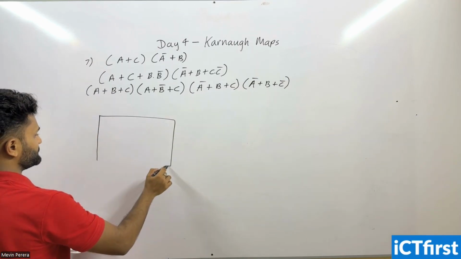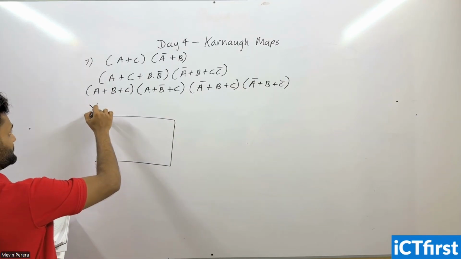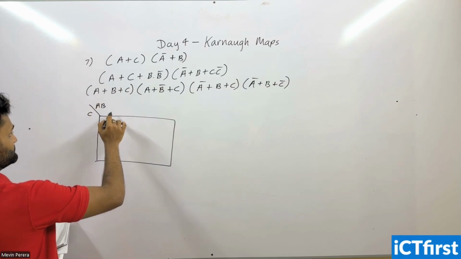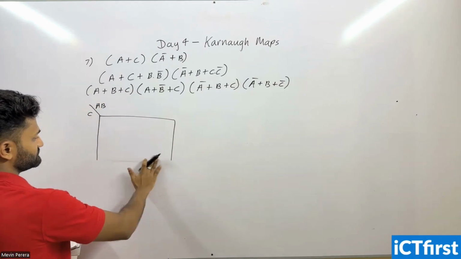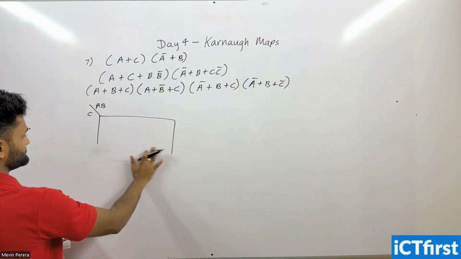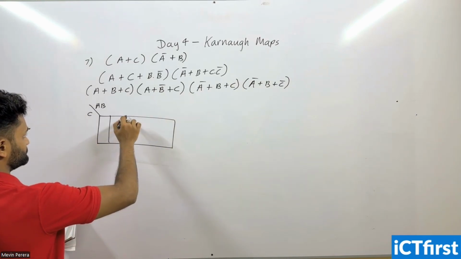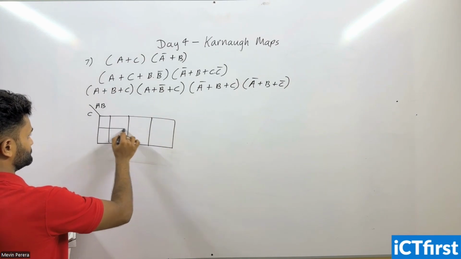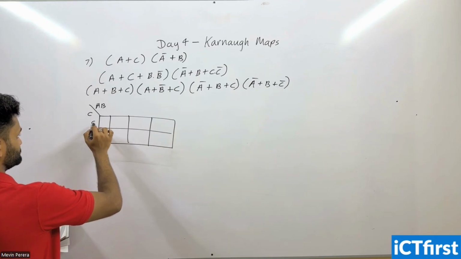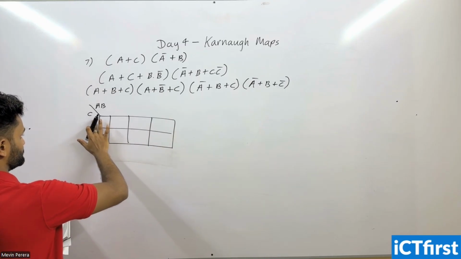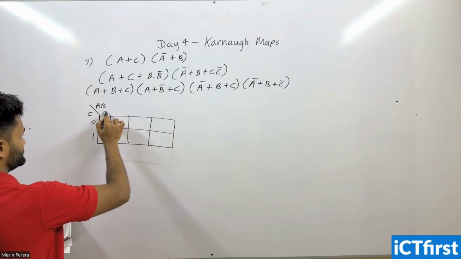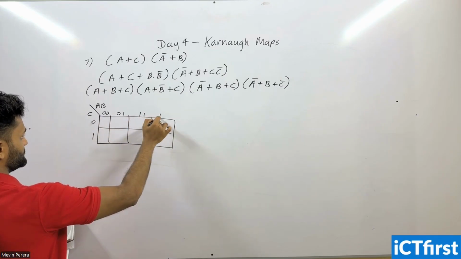Now we are supposed to fill the Karnaugh map. A, B, C. Oh, sorry, it's not a 4 by 4. 0, 1, 0, 0, 0, 1, 1, 1, 1, 0.